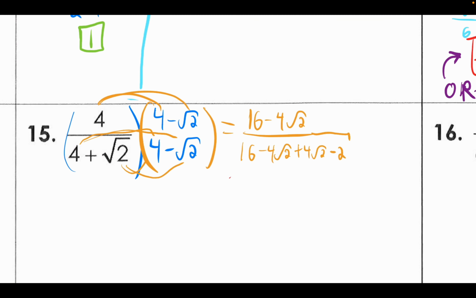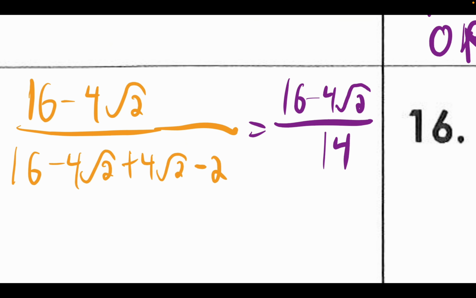Now, on the bottom here, we combine like terms. I don't know why I put that little line there on the bottom as if it was a radical. So the top is just going to stay the same. And the bottom, 16 minus 2, the regular numbers, is 14. And here, these zero out, which is the whole reason we did this, because now we don't have any radicals in our denominator.